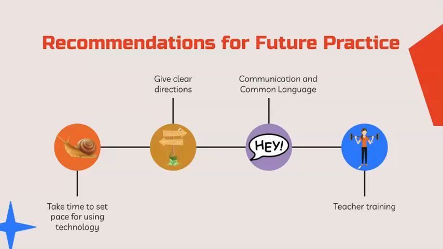Last but not least, my final recommendation is to make sure that teachers are getting trained in using technology, in supporting social emotional learning growth, and how to use technology to help social emotional learning growth.